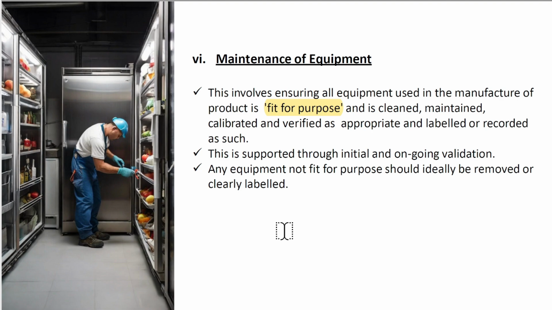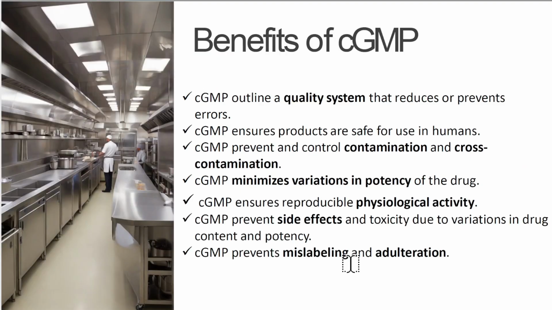This is supported through initial validation and ongoing validation. Any equipment that is not fit for purpose should ideally be removed or clearly labeled so as not to cause confusion to the staff working in the area.